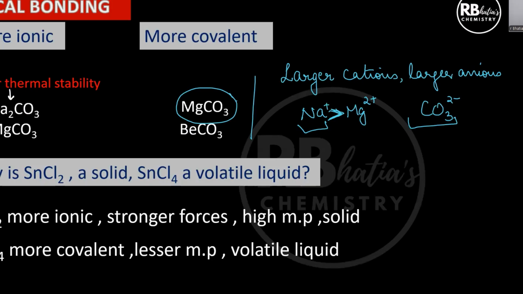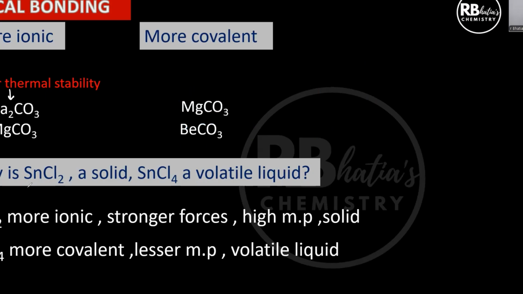Similarly, if we compare magnesium carbonate with beryllium carbonate, same point, beryllium smaller cation, more covalent. So magnesium carbonate is thermally more stable. Another point that we have here, this is also a very important question asked in so many previous year questions. Why is SnCl2 a solid but SnCl4 a volatile liquid? So how do we compare? SnCl2 means tin in plus 2 oxidation state. Here tin in plus 4 oxidation state.